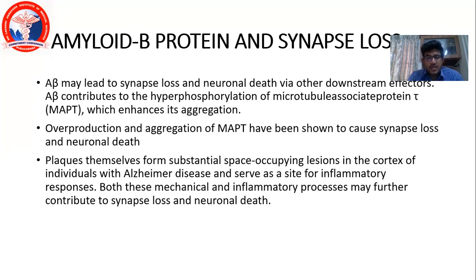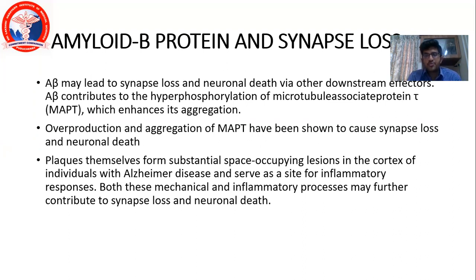So this A beta contributes to the neuronal cell death wherever it is being deposited, and also contributes to the hyperphosphorylation of the microtubule associated protein tau, which enhances aggregation. The overproduction and aggregation of MAPT have been shown to cause synapse loss and neuronal death.